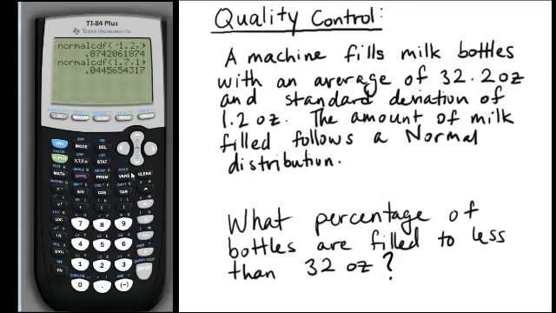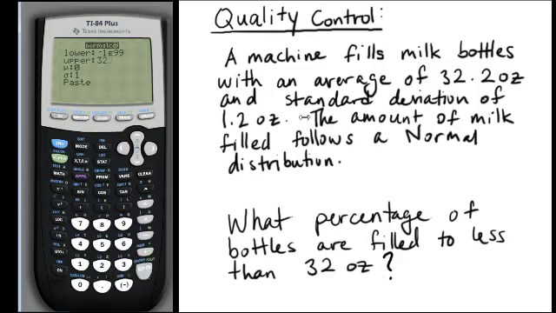You can come over here to the normal CDF. You are interested in the percentage of bottles that are filled with less than 32 ounces. So that could be anywhere from negative infinity all the way up to 32 ounces.